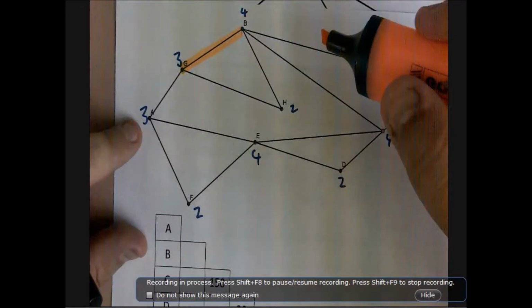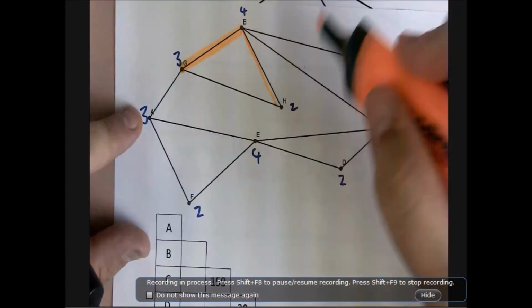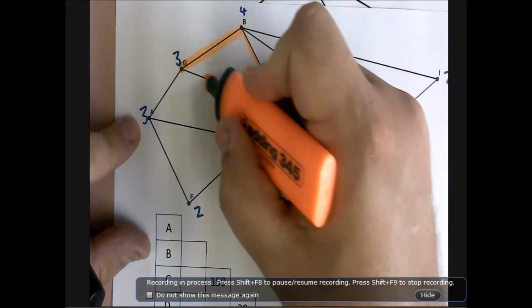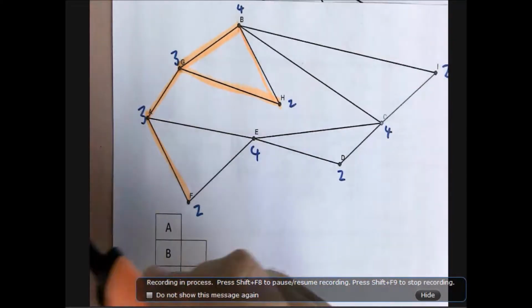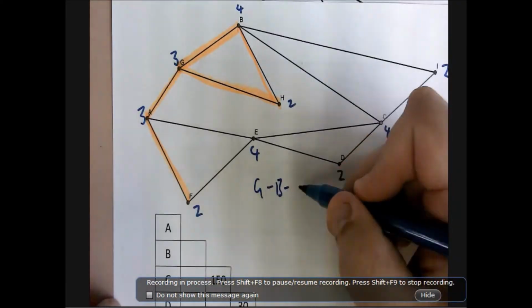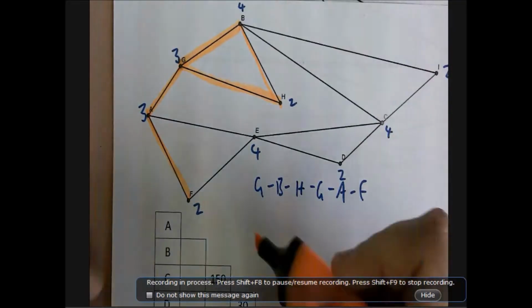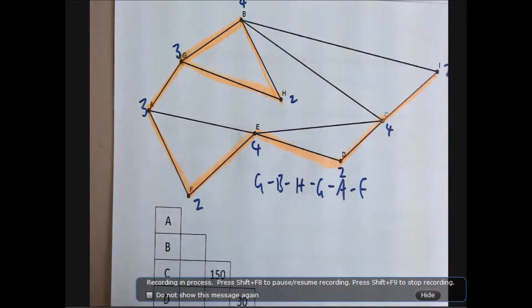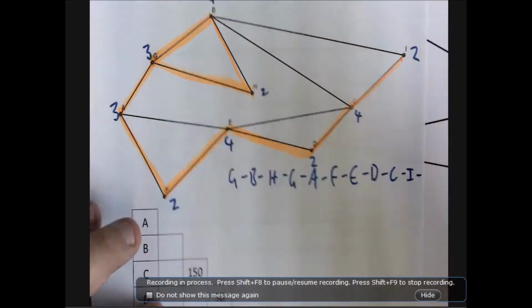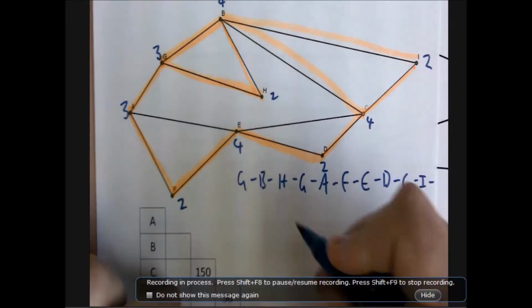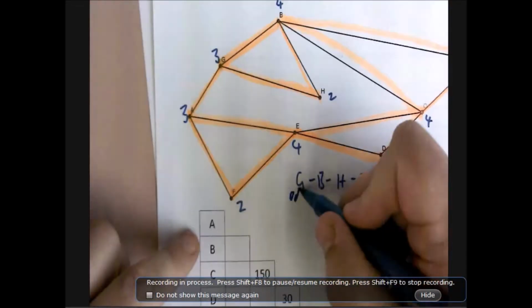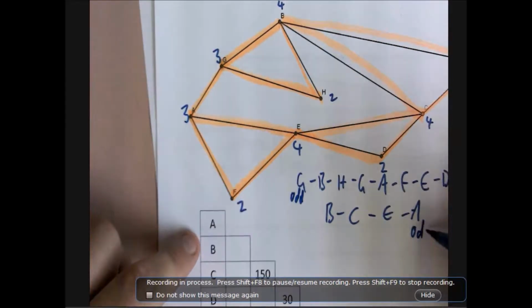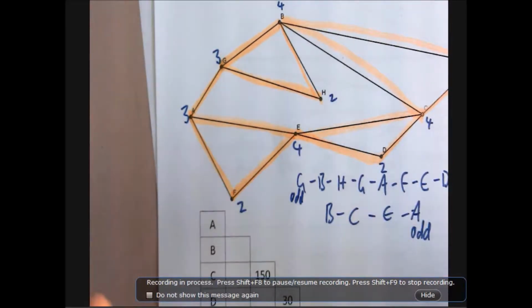G to B, B to H, H to G, I've started at one of the odds and finished at the other.